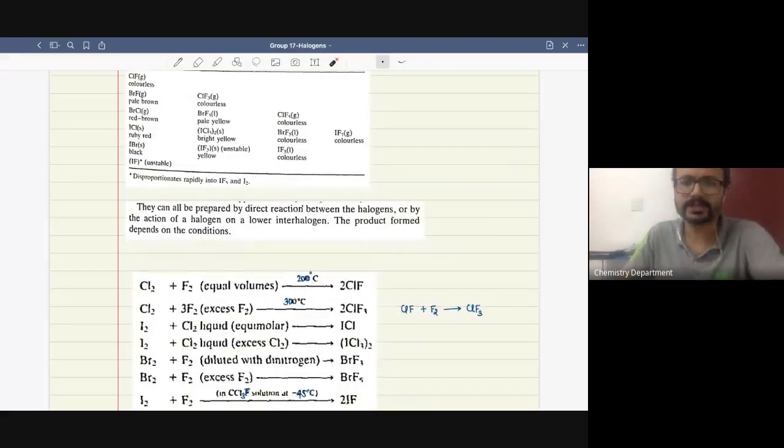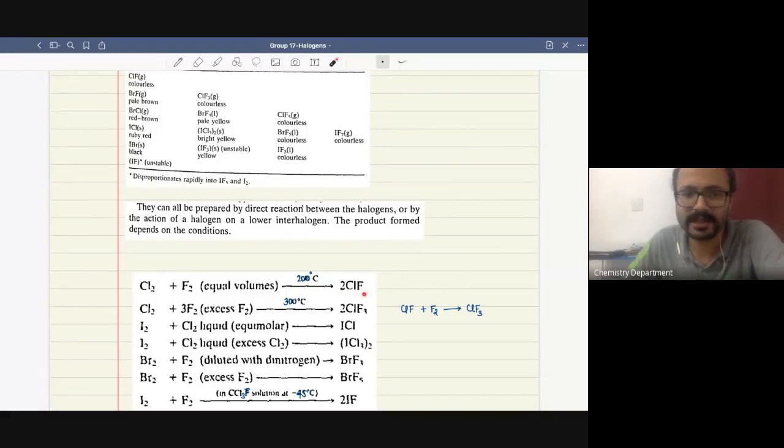Coming to the preparation, they can be prepared by direct reaction between halogens, or by the action of a halogen on a lower interhalogen compound. You will understand this when I explain it. Here is an interhalogen compound formed by the reaction of two halogens. At 200 degrees centigrade, you have the formation of chlorine fluoride.